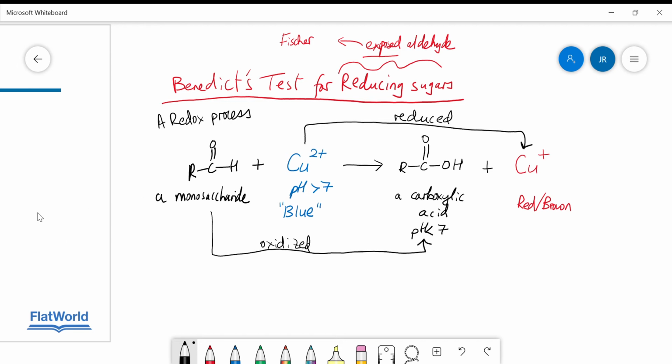And importantly, you get this characteristic color change from a blue color to a less blue color. And in reality, it could be anything in between. It just depends how extensive the redox has been allowed to occur. So to move away from blue, it could be green.